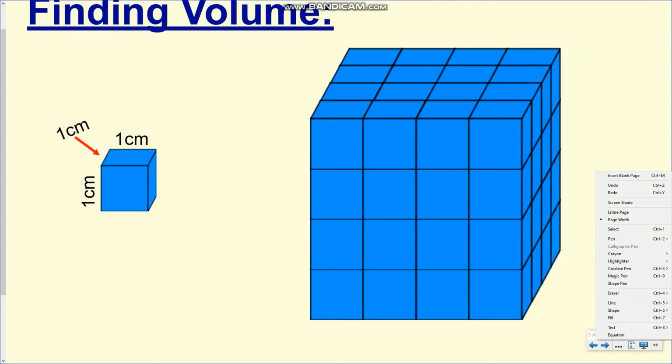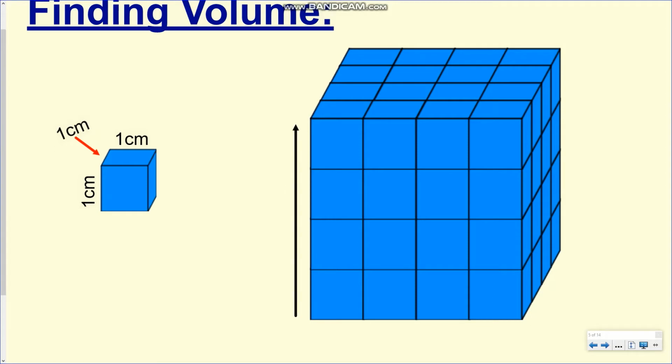Those are the same as the 2D shapes, so we've got our breadth here, we've got our length here, and we have our height.